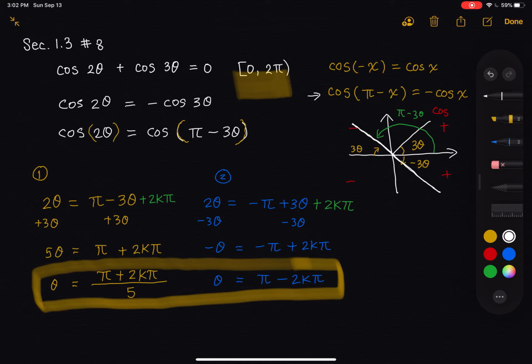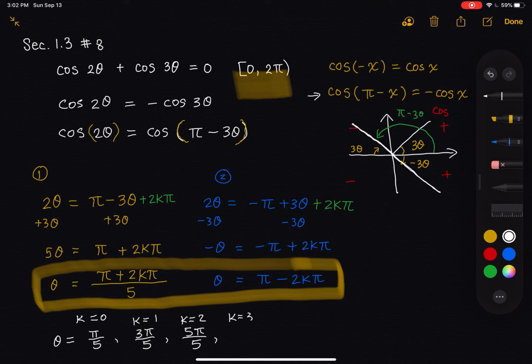So for the yellow equation, when k equals 0, what do we get? We get theta equals pi over 5. When k equals 1, we get 3 pi over 5. K equals 2, we get 5 pi over 5, which is just pi.